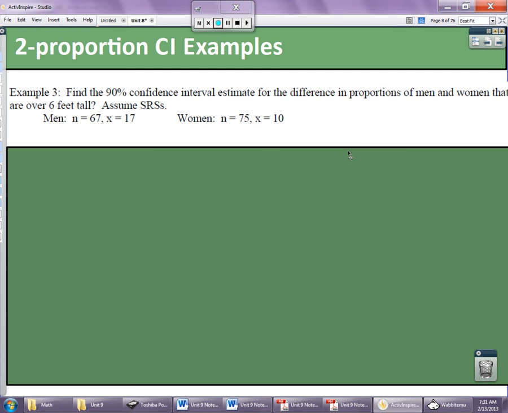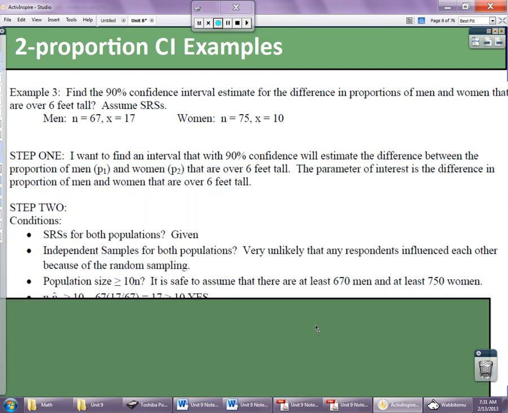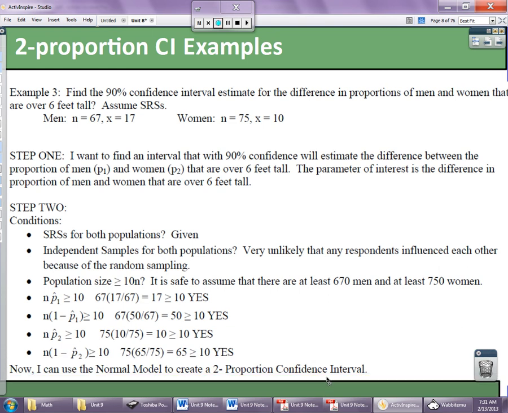Alright, in example 3, we're going to do very much the same way. Step 1, step 2. Again, step 1, you're just identifying what P1 and P2 are and stating the parameter of interest. Again, you want to verify all your conditions and then say, now I can use the normal model to create a two-proportion confidence interval.